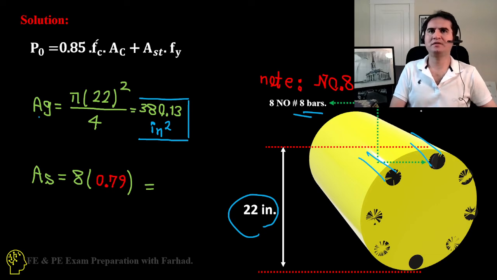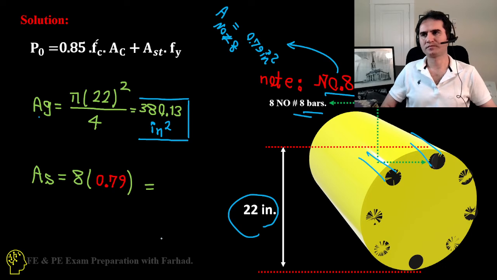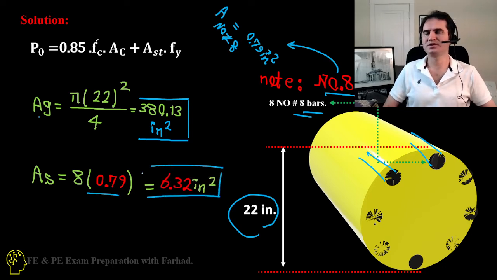The area of a number 8 rebar is provided in the ACI codes as 0.79 inch squared. And if you do the math, it gives you the area of steel.